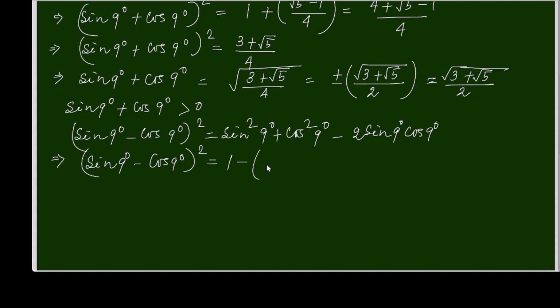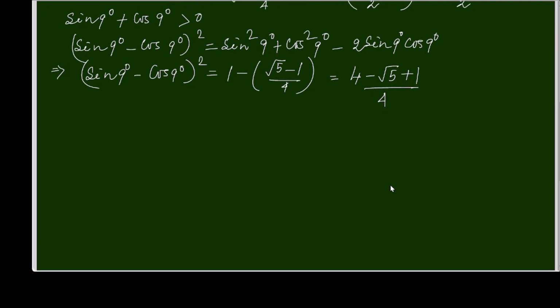Sin 18° we have already found out, right? It is (√5 − 1)/4. So on simplification this equals (4 − √5 + 1)/4, or (sin 9° − cos 9°)² equals (5 − √5)/4.